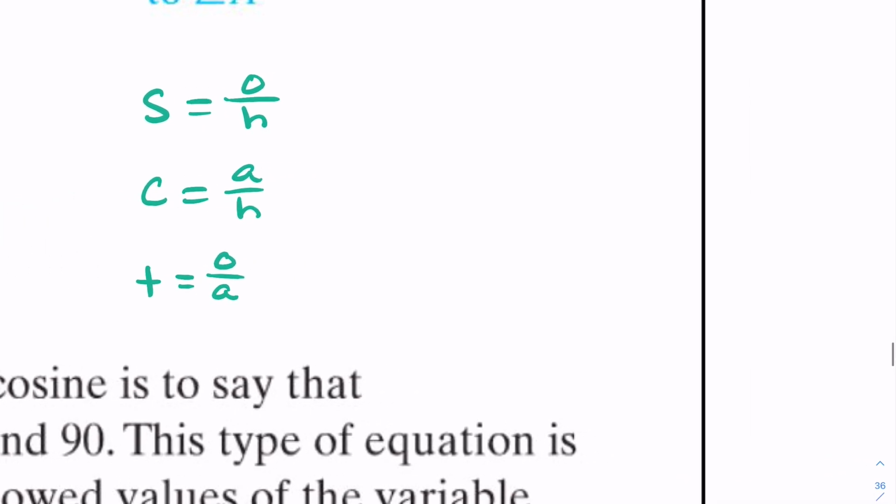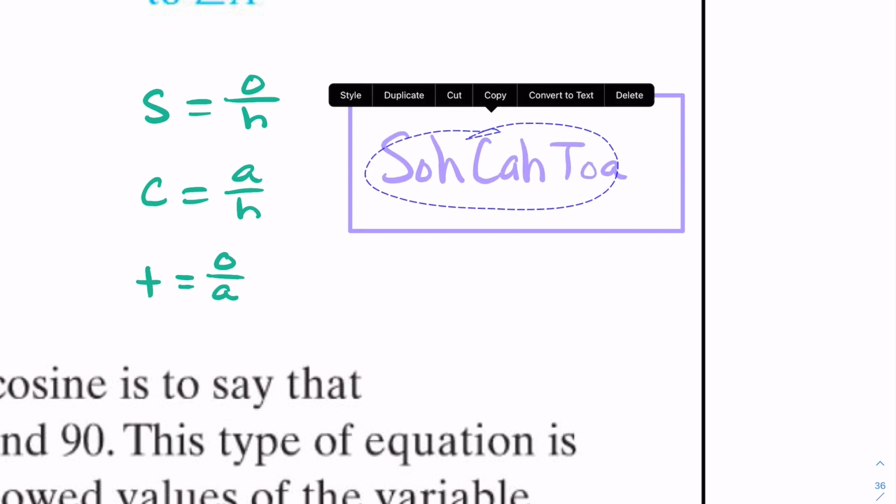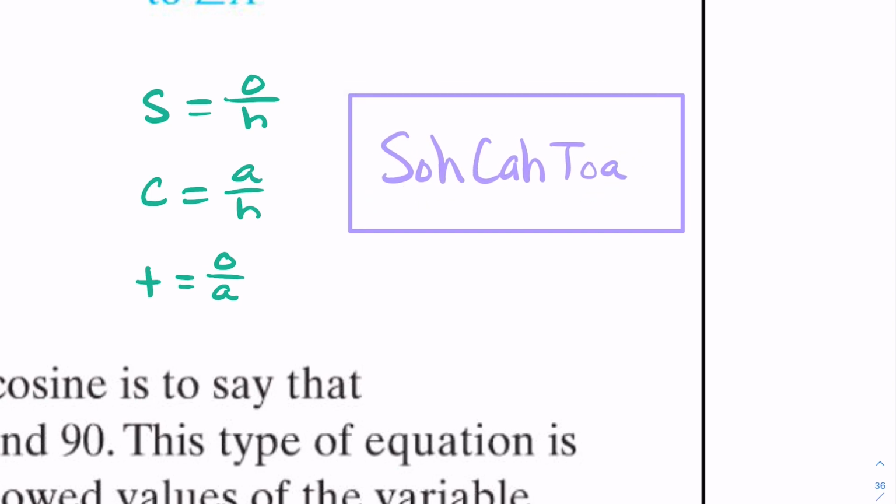This has a really cool final acronym that we can use, and the acronym is SOHCAHTOA. This is what students all over the United States are probably learning, if they haven't already, in geometry. SOHCAHTOA, where the sine function is equal to the opposite over hypotenuse, the cosine function is equal to the adjacent over the hypotenuse, and the tangent function of my angle is equal to the opposite over the adjacent.